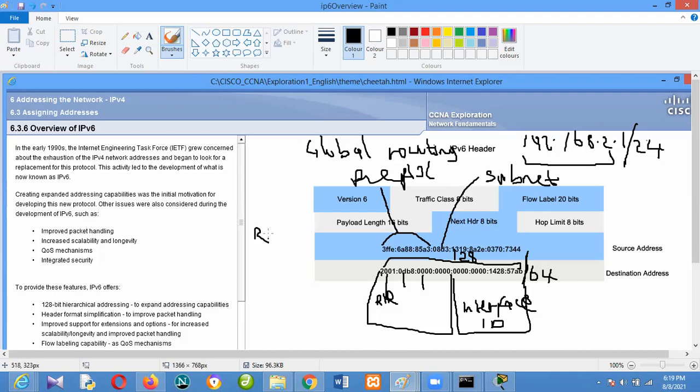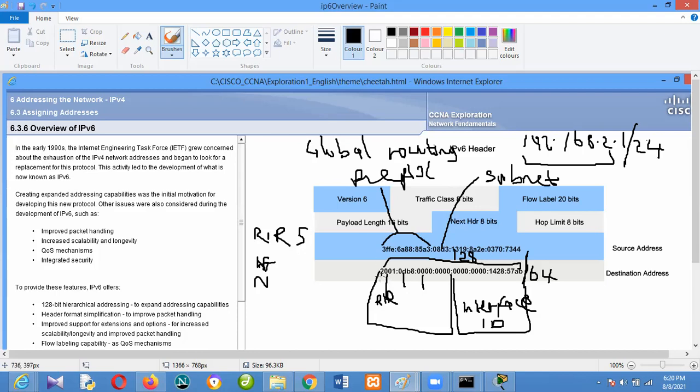On planet Earth, we have 5 RIRs. We have that of Africa, North America, and the rest of them. They all have their respective ID.